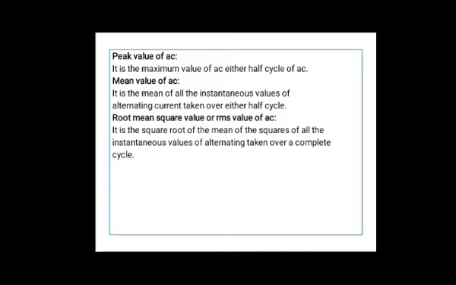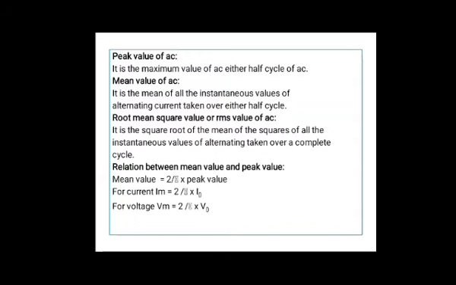That's why root mean square value is introduced, that is RMS value for AC. It is the square root of the mean of the squares of all the instantaneous values of alternating current taken over a complete cycle. So this is RMS value of AC.